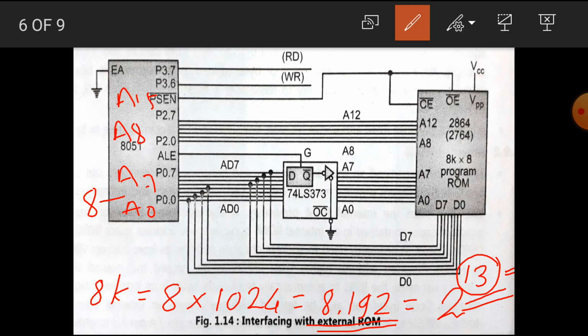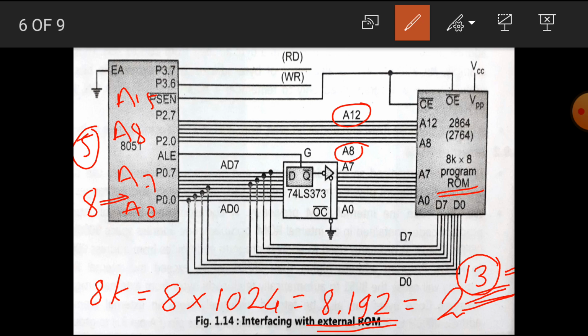Hence the remaining 5 lines are taken from port 2. Hence the address lines are A8 to A12. I hope you all understand the concept of the address lines. How many address lines are required in an 8K by 8 program ROM? The answer is that 13 address lines are required.